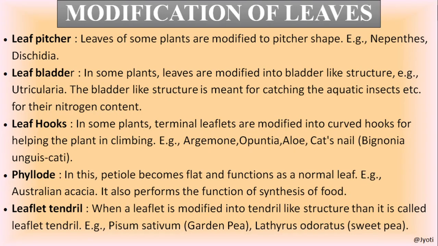Then phyllodes. In the case of phyllodes, the petiole of the leaf, petiole is a part of the leaf, is flattened and acts as a normal leaf. That means the petiole performs photosynthesis. It is seen in the case of Australian acacia.